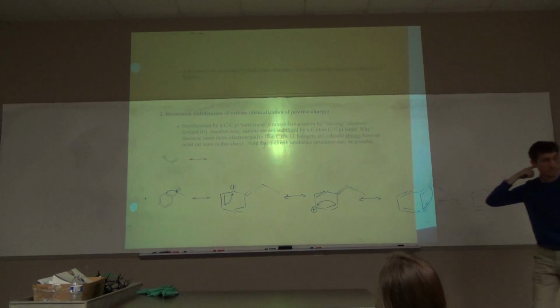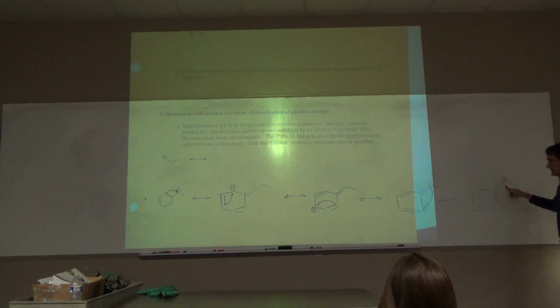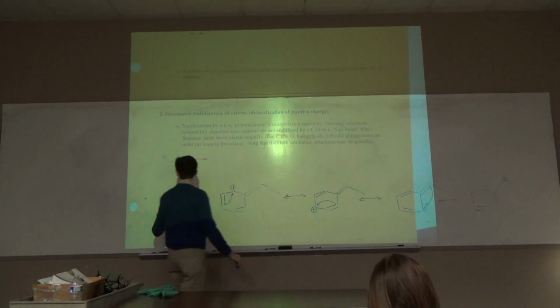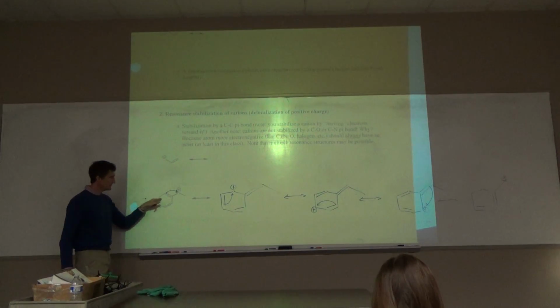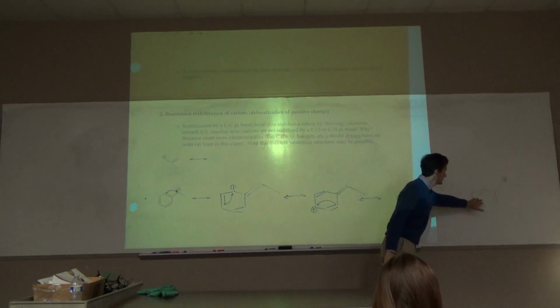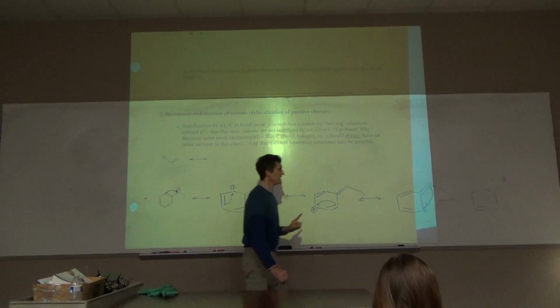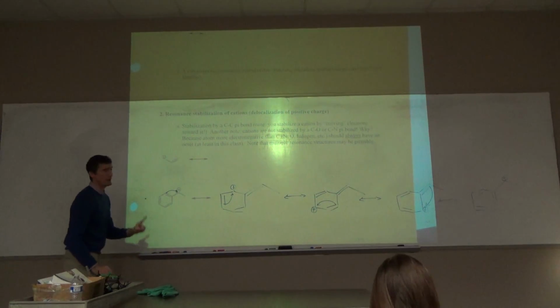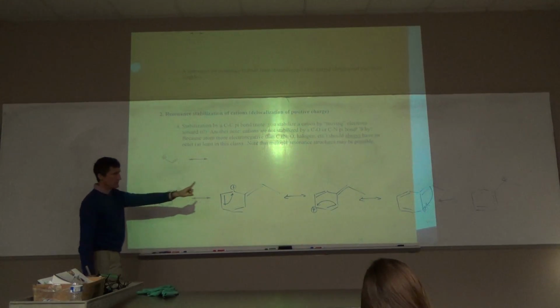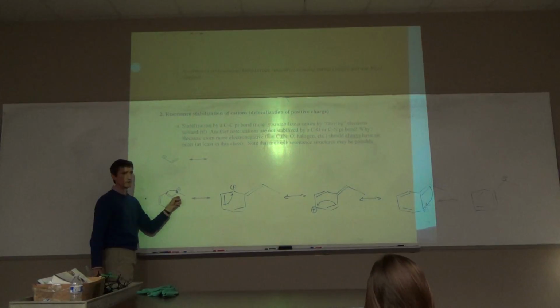Right? So the charge is no longer delocalized. Now, this one and this over here is a little bit different. The pi electrons in the benzene ring have been delocalized. They're in different positions. But in terms of delocalizing the charge, which is often going to be our main emphasis, the charge is not delocalized any differently here.